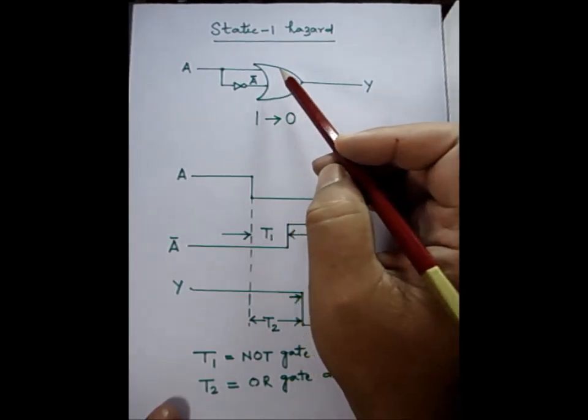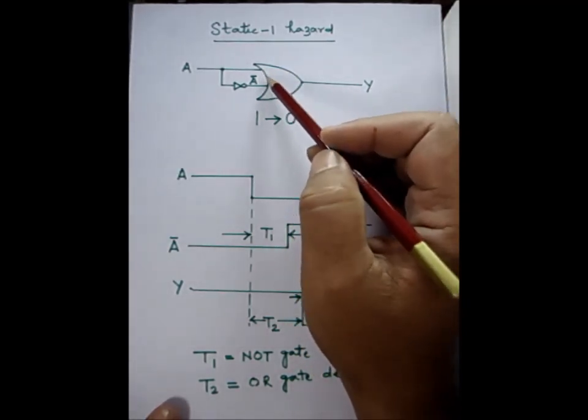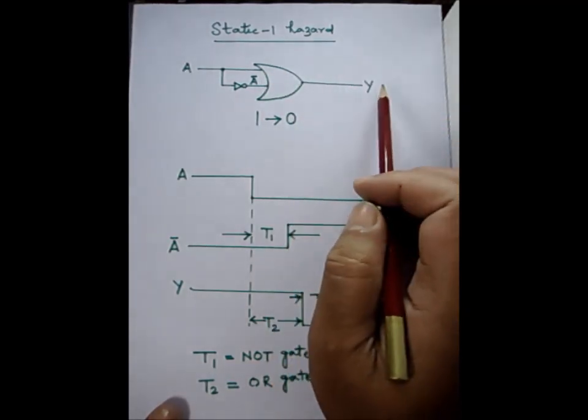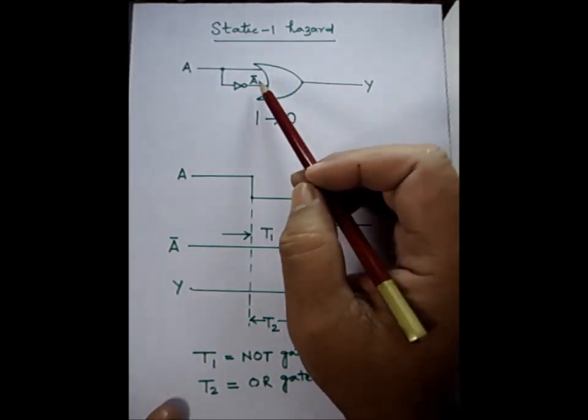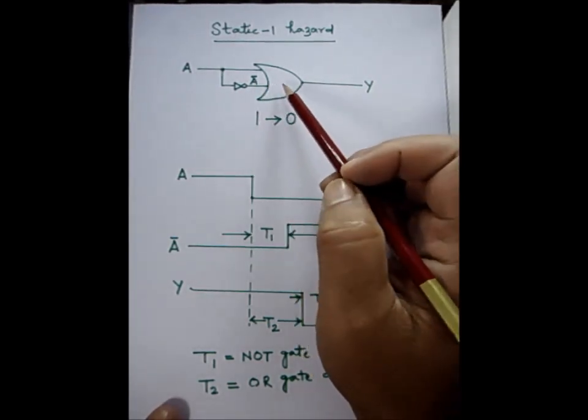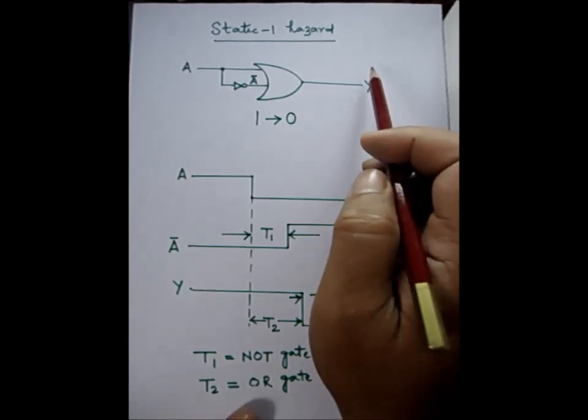As a result, during this period both inputs to the OR gate are 0 and the output becomes 0. After that duration, the complement of A becomes 1, and the output becomes 1 again. That is shown in the graph also.